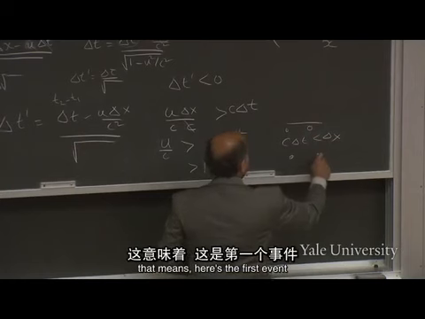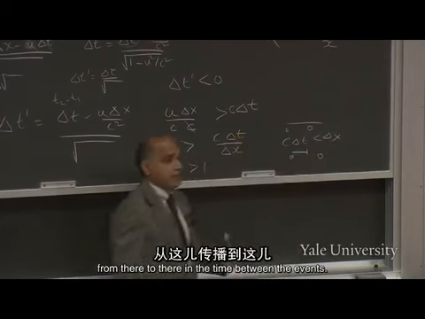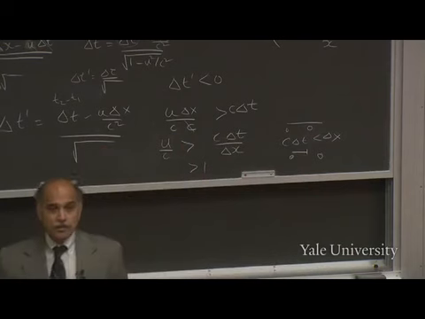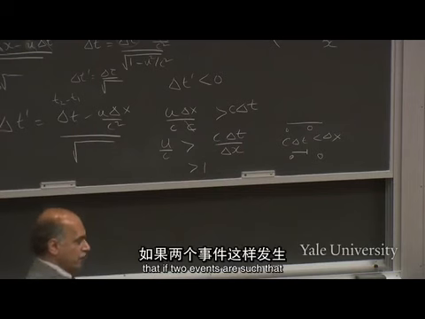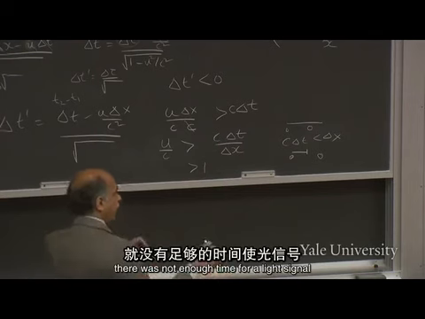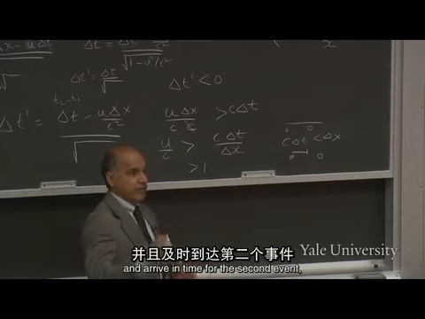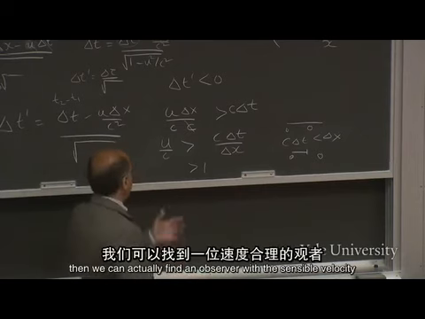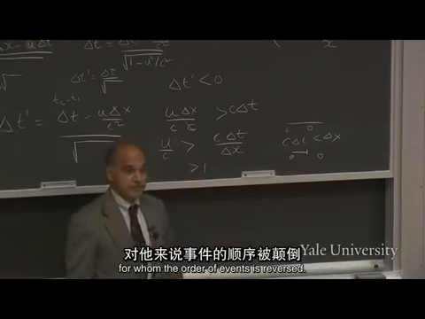That means here's the first event, and here's the second event. A light signal could have only gone from there to there in the time between the events. So it is saying that if two events are such that there was not enough time for a light signal to leave the first event and arrive in time for the second event, then we can actually find an observer with a sensible velocity for whom the order of events is reversed.